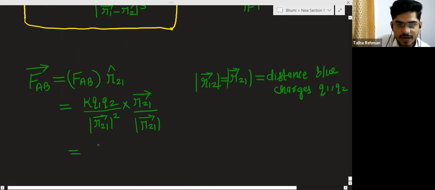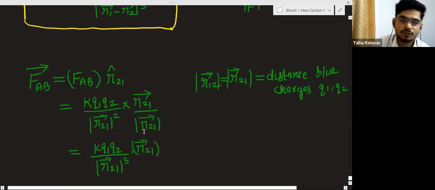So from here, I can write k q1 q2 divided by r21 cube. This is r, this is 21, and this is the magnitude, and this will become a cube, and here we have the vector r21.